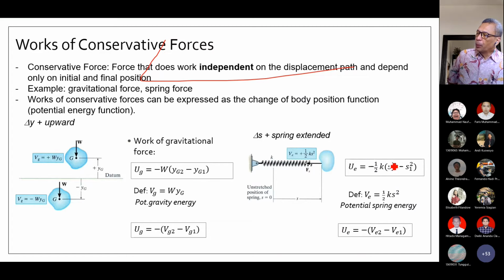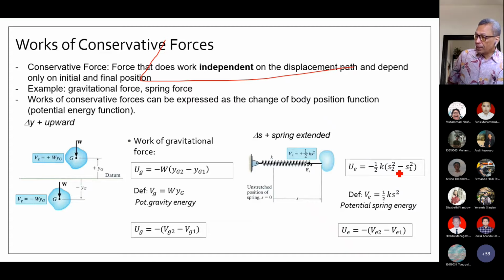Dan juga pada spring, kalau kita tahu benda berpindah dari posisi satu ke posisi dua, di mana pada posisi satu spring mengalami stretch S1 dan pada posisi dua spring mengalami stretch S2, maka kerja oleh gaya spring adalah minus setengah K kali S2 kuadrat minus S1 kuadrat.